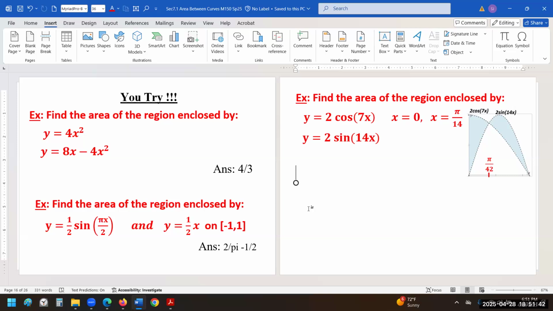Remember in our last class, we learned substitution. So we have one plus.